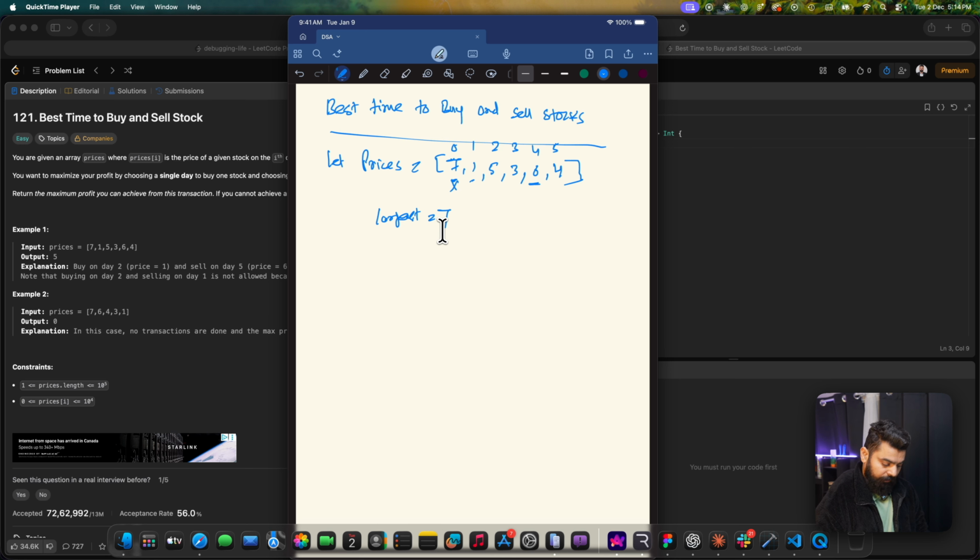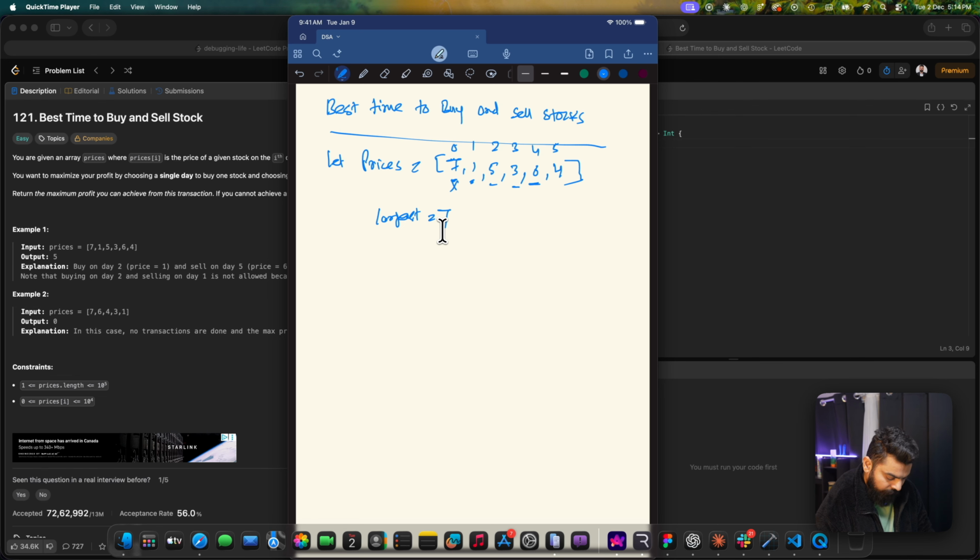If we sell this, there will be no profit, because the maximum is 7 and the least maximum is 6. Even 7 minus 6, we are again in the loss. So it means we need to start from here.